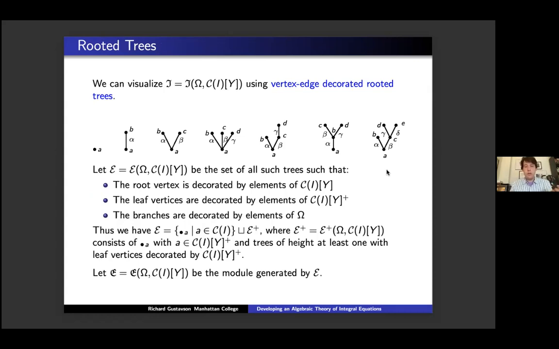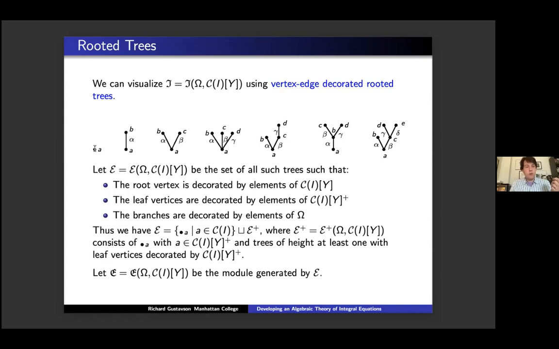And so when you look at this, here are just a bunch of examples of some of these trees. So the edges are decorated by elements of omega, so the alphas, betas, and gammas, and so on. And the vertices are decorated by elements of this set C of I of Y. Right?